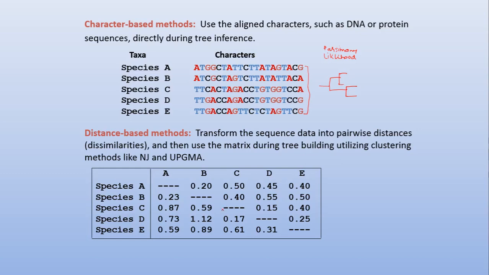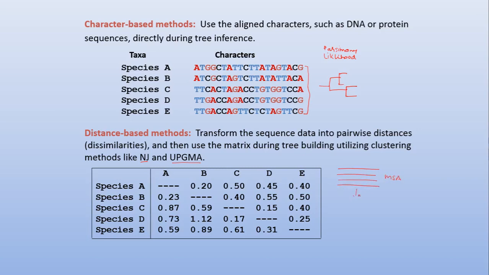Once we have this pairwise distance matrix that gives an account of how far or how similar or dissimilar the sequences are, we use clustering algorithms or clustering methods like neighbor joining and UPGMA for tree reconstruction. So this is what is done. You start out with a multiple sequence alignment.